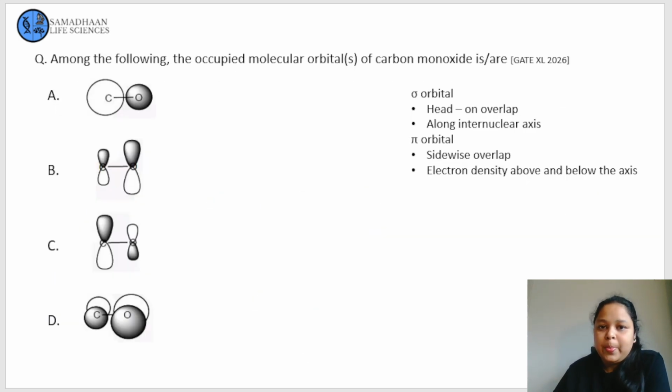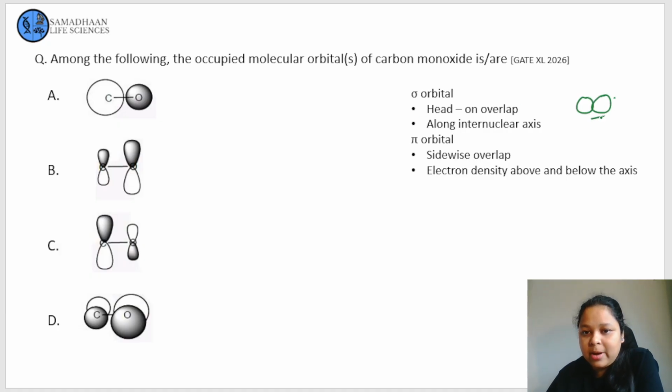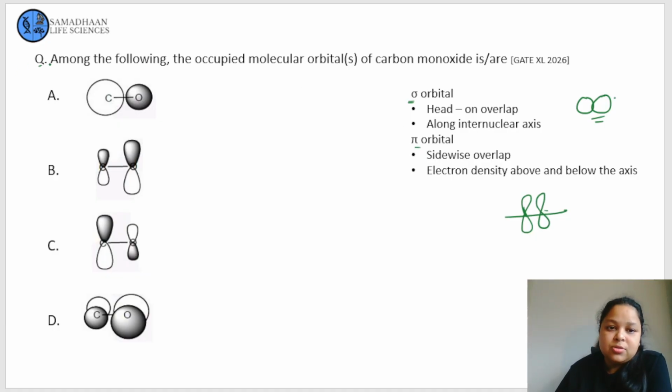So this sigma and pi comes from the overlap. If there is a head-on overlap between s or p orbitals, then we call the orbital sigma, and if there is sidewise overlap in p orbitals, then it is a pi orbital. Now let's solve this question from this year's question paper. They are asking the occupied molecular orbitals of carbon monoxide.